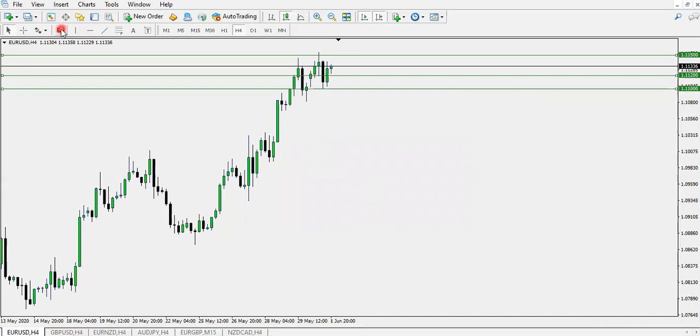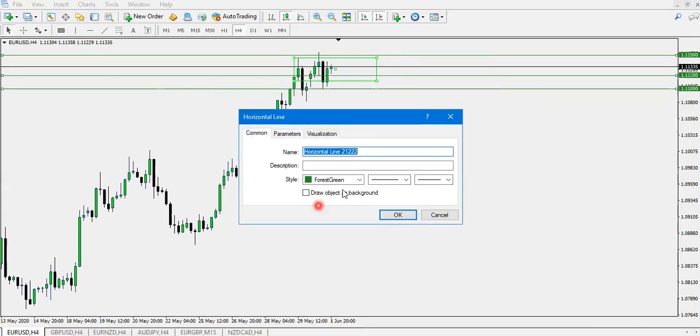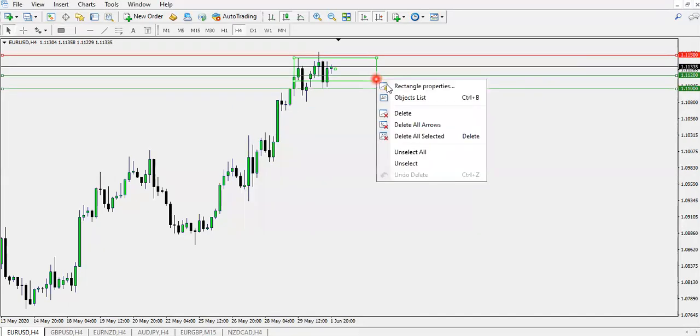And if you use what I've showed you in the previous video, these order blocks intersect with these institutional prices.